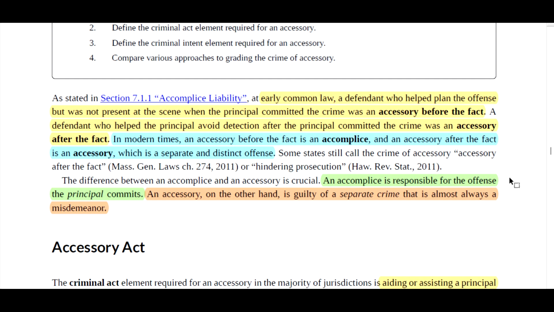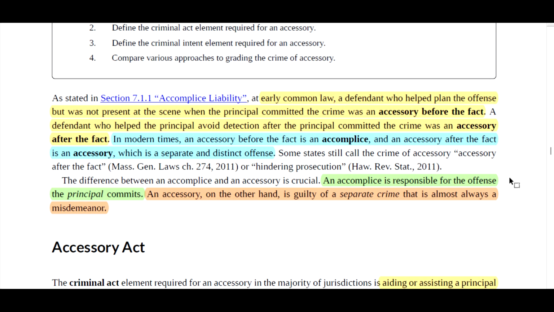It doesn't matter what the phrasing is. But it's important to note that accessory before the fact is considered an accomplice, and accessory after the fact is just an accessory in most modern definitions and understandings of those words. The difference between those two is crucial.